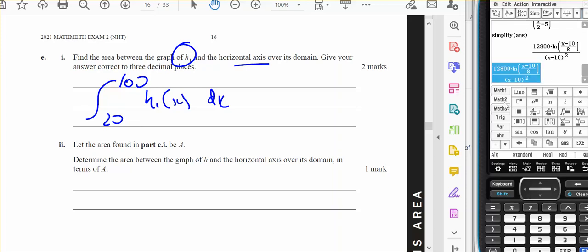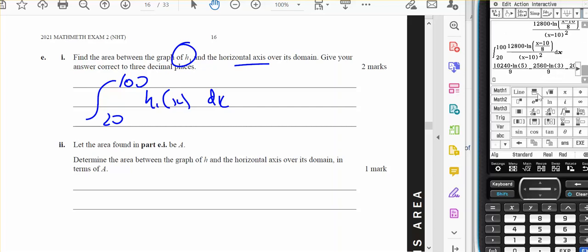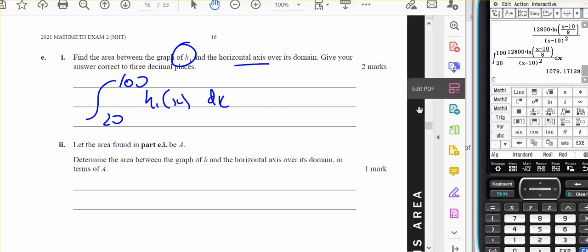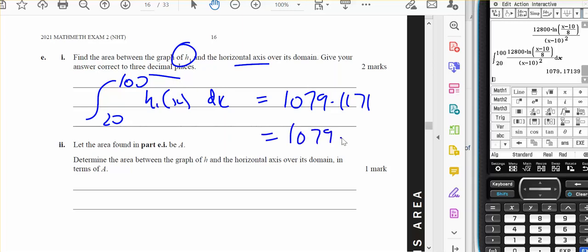So we're now going to integrate that from 20 to 100 dx. And that gives me an answer of 1079.171. So 3 decimal places, 1079.117, and so that's A, and that's the stretched one.